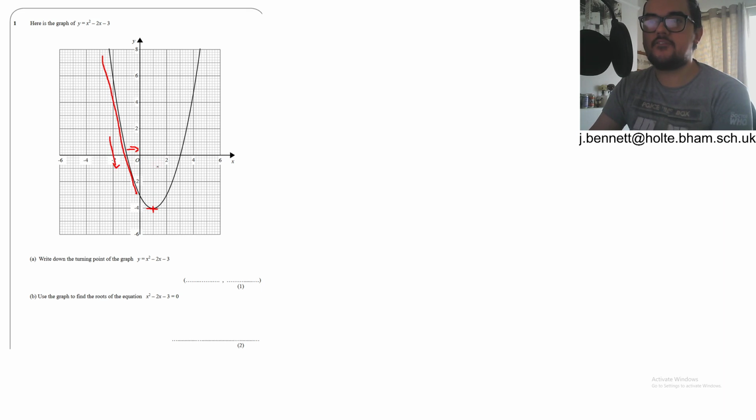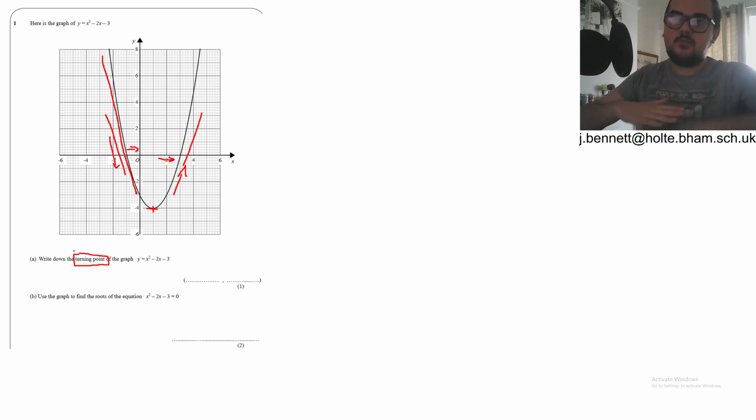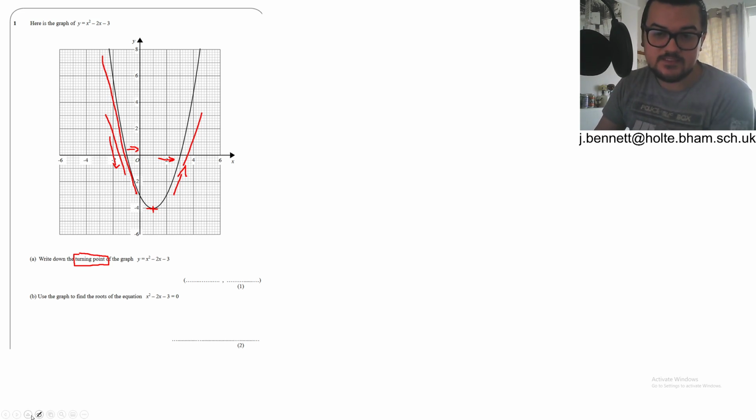And then after this point, as the x value gets larger, so does the y value. It goes from having a negative gradient to a positive gradient. And the turning point is where it changes gradient, and we want to see where the curve flattens.